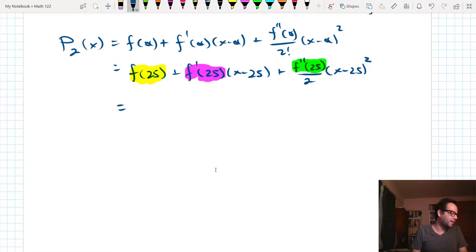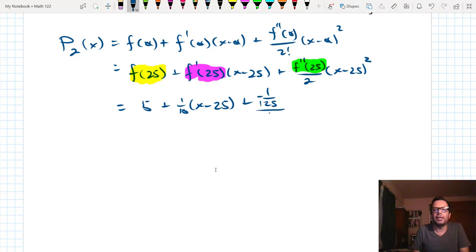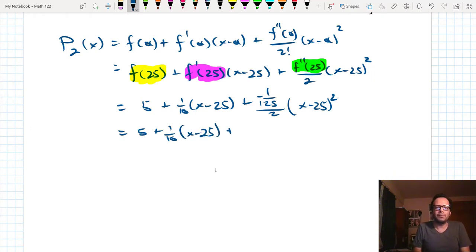So I got 5 plus 1/10 times x minus 25 plus negative 1/125 divided by 2 times x minus 25 quantity squared, which simplifies to 5 plus 1/10 times x minus 25, and in this case minus 1 over 250 times x minus 25 quantity squared.